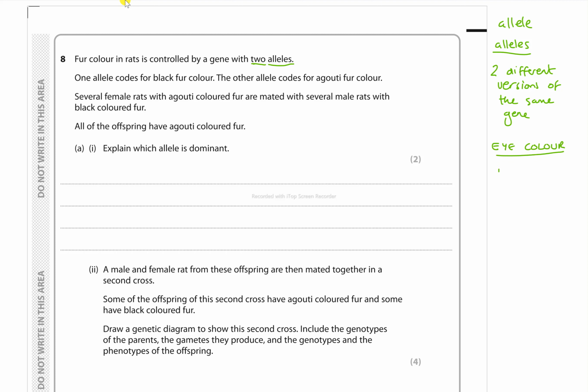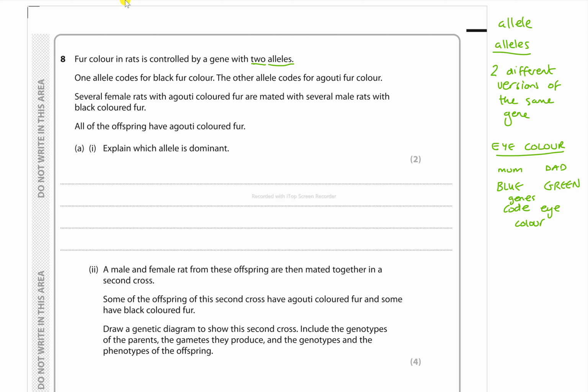You could have one from mom, which is just say blue, and one from dad, which is just say, I don't know, green. So they both code the genes. Let me write this down before I get this wrong. The genes code for eye color, but they're 2 different versions of the same gene.